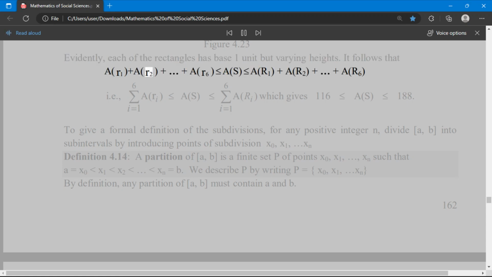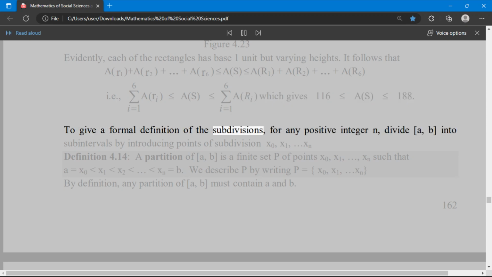It follows that A(r1) + A(r2) + ... + A(r6) is at most A(S), which is at most A(R1) + A(R2) + ... + A(R6).